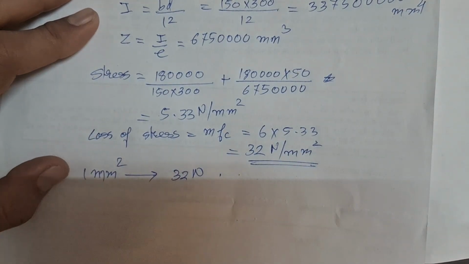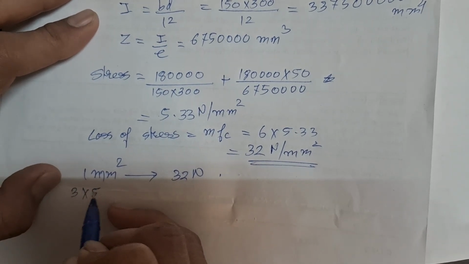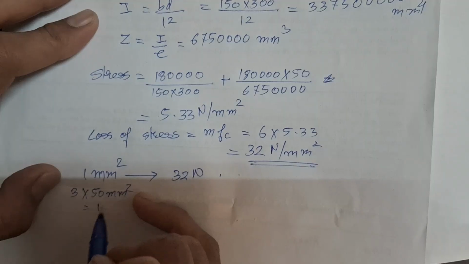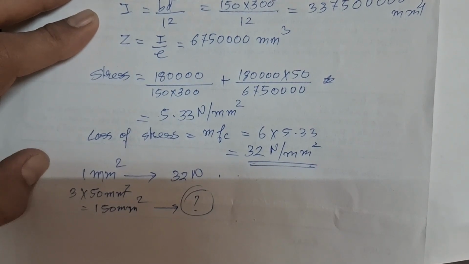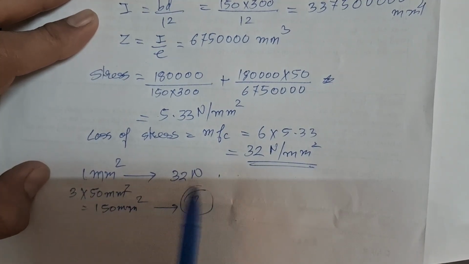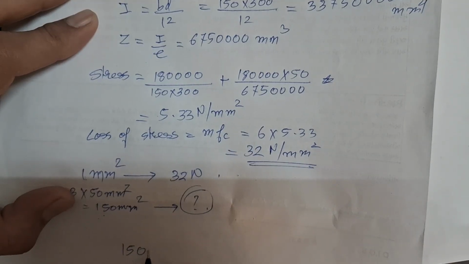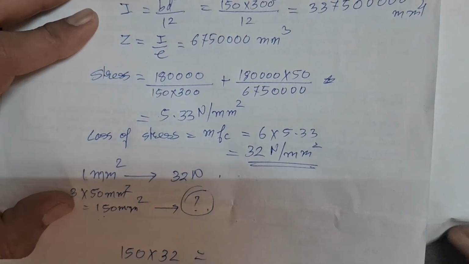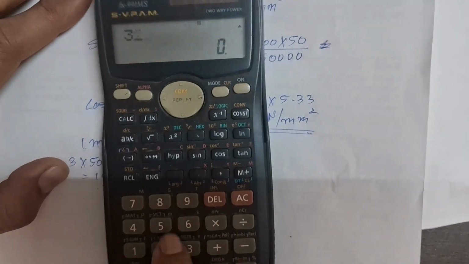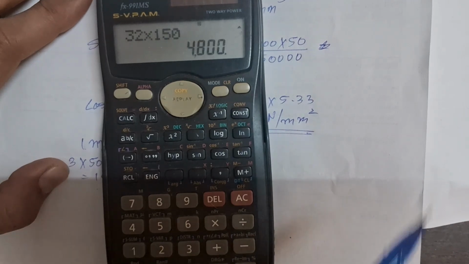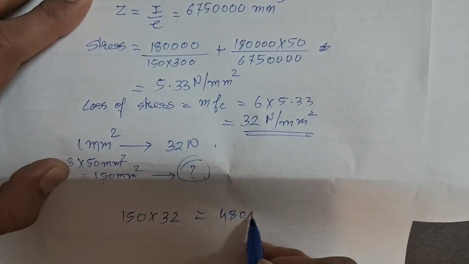How much tendon area are we having? We are having 3 tendons, and each tendon has an area of 50 mm square, so basically we have 150 mm square. How much pre-stress loss will there be? For 1 mm square it is 32, so for 150 mm square it will be 150 into 32, which is 4800 Newton.